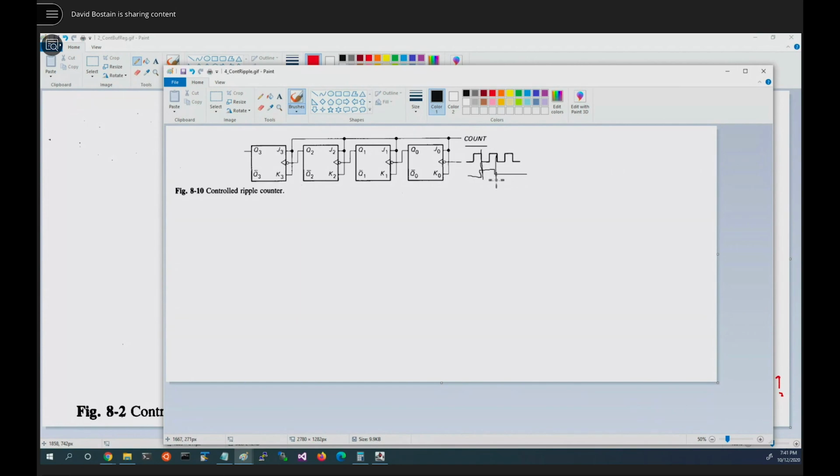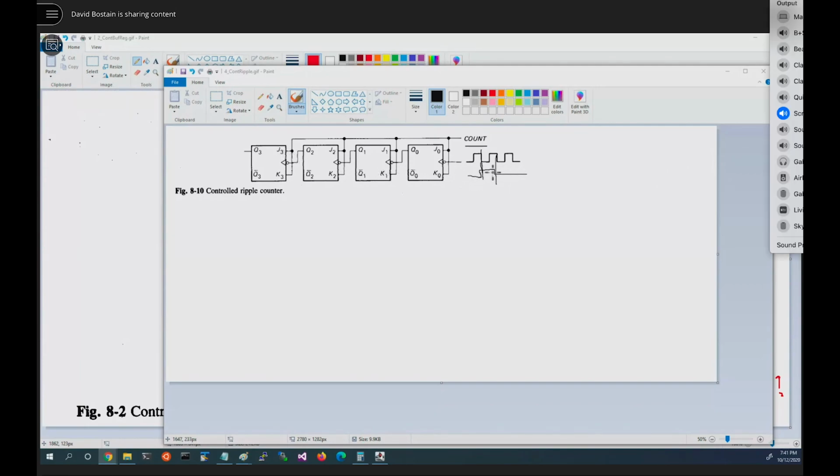The next time, count's not asserted, and we would have had to make sure we had removed this before setup time because the 0 needs to be there before setup time. Picture didn't do it justice. And that would allow us then to say, okay, I want to count only every 10th count. I want to count only every 100th count. We might find a use for that sometime in the future.